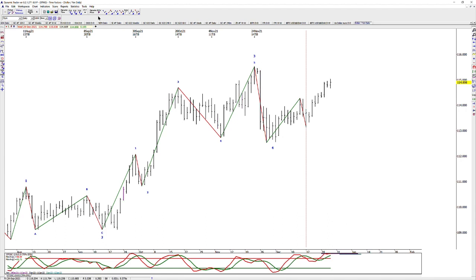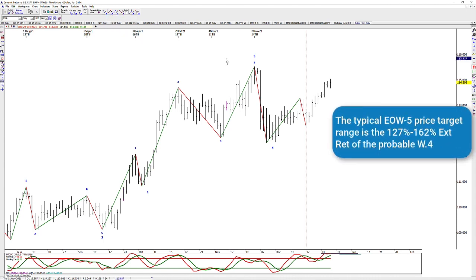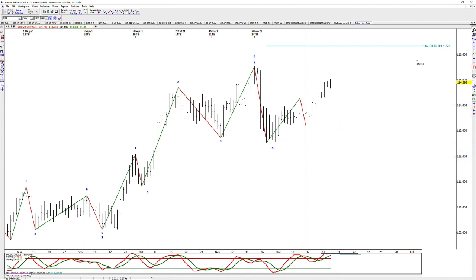So since we're looking for a wave 5 high, why don't we just put in the external retracements here? Because typically, an end of wave 5 target reaches at least the 127% external retracement. So we're keeping it pretty simple here.